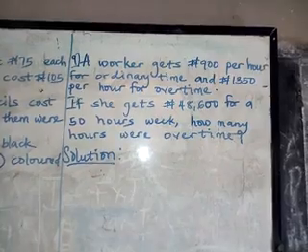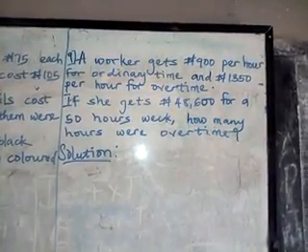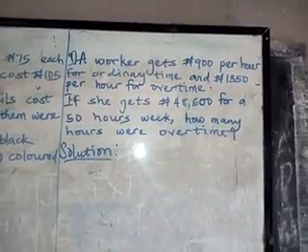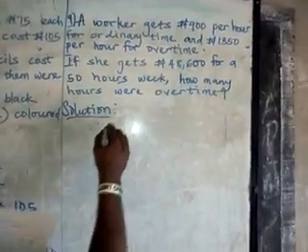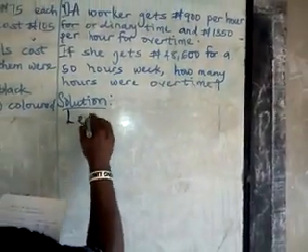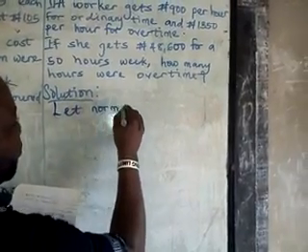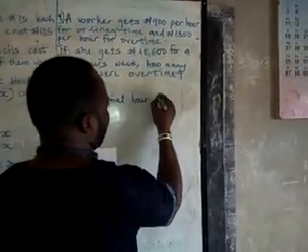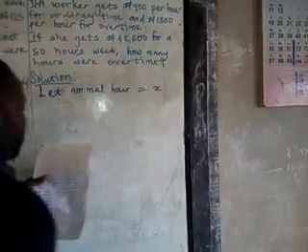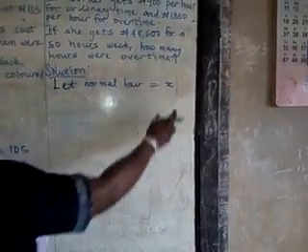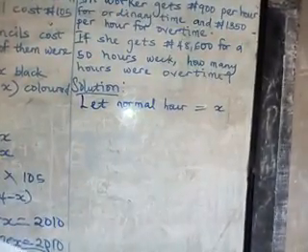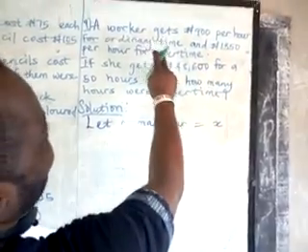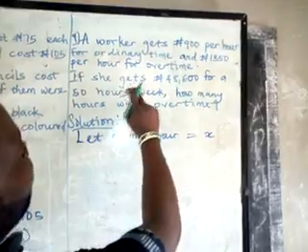What you need to do is simple. The first thing is, what is the number of hours for the normal hour? We don't know. So let normal hour equal x. If normal hour equals x, note we were told that a worker gets 900 per hour for ordinary time and 1,350 for what? Overtime.